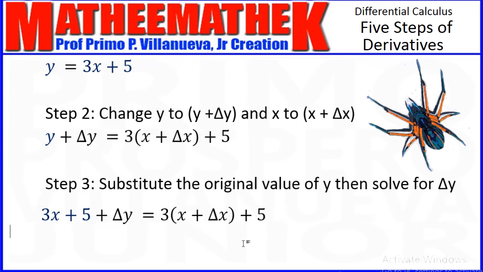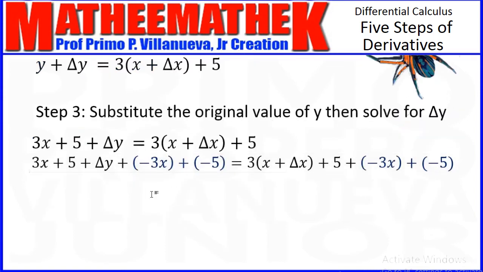Then, we're going to apply the addition property of equality, wherein we're going to add negative 3x and negative 5 in the left side. Also, we're going to add negative 3x and negative 5 in the right side. Applying the inverse property of addition, we can have 3x plus negative 3x that is equal to 0.